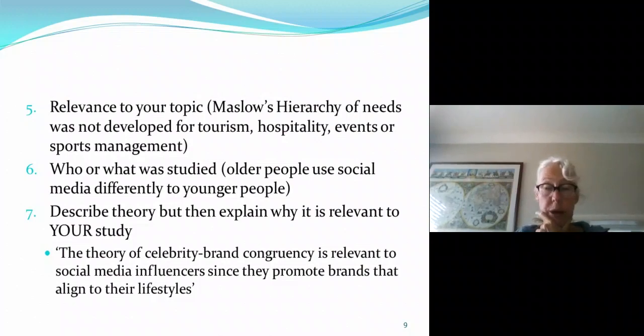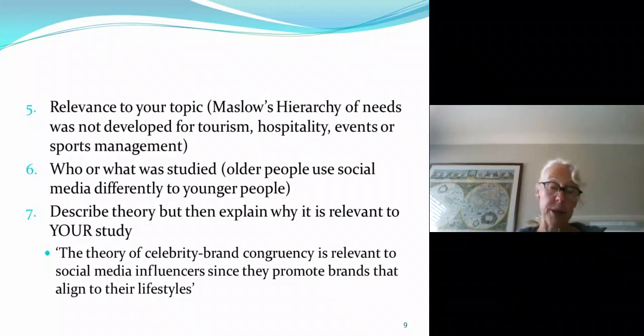I've also said something about who or what was studied. If you study a particular group of people, it might not be relevant. So if you've been looking at young men's participation in sport, it's probably not going to be that relevant to older women's participation, and it's making that kind of thing clear.